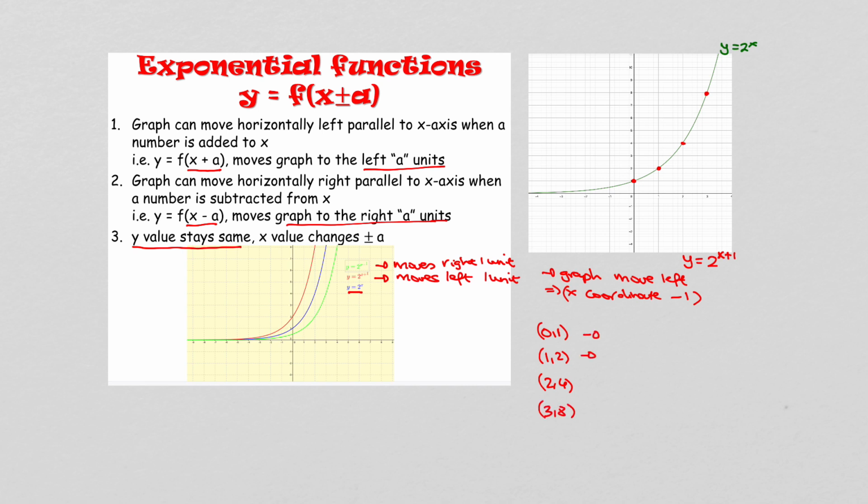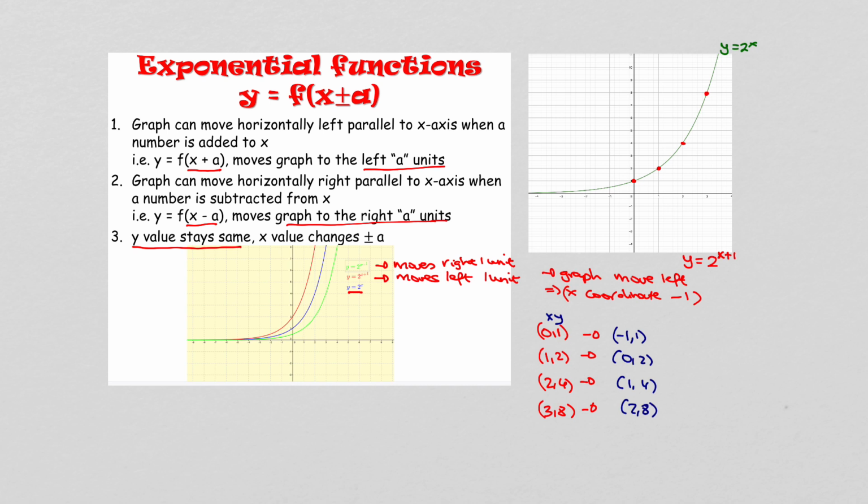And this time, rather than changing the y-coordinates, we're changing the x-coordinates. So if I'm subtracting 1 from each of my x-coordinates, I'm going to have 0 minus 1, which is minus 1, 1. My y values are all staying the same. 1 minus 1 is going to be 0, 2 minus 1 is 1, and 3 minus 1 is 2. So we have our new points.